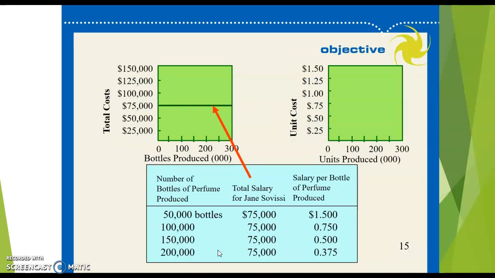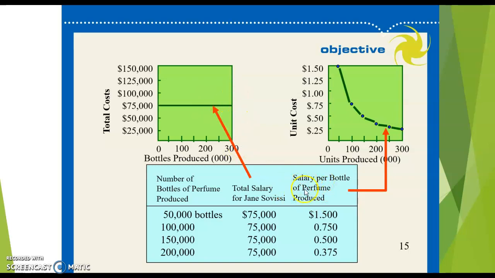So here are the two graphs for fixed costs, and this is typical for all fixed costs. The total cost of the rent or her salary, etc., would be a flat line across at $75,000. It doesn't matter how many bottles we make within the relevant range, that's the salary.